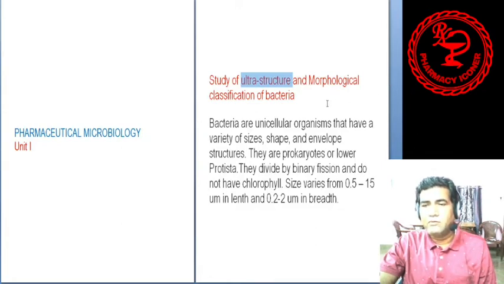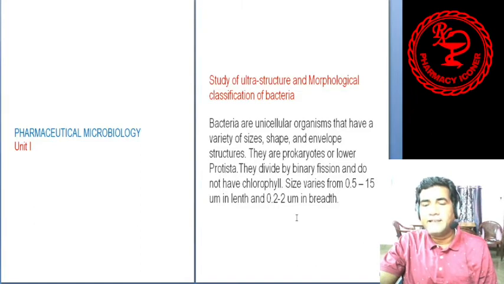So in the previous class we discussed prokaryotes and eukaryotes. Now, bacteria are unicellular organisms and they have a variety of sizes, shapes and envelope structures. They are prokaryotic in nature. Prokaryotic means lower protista.